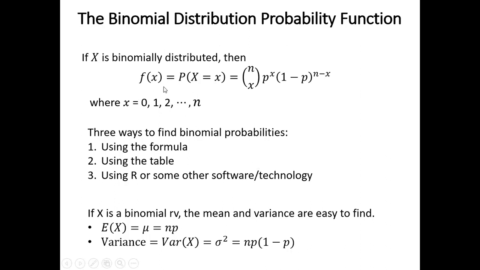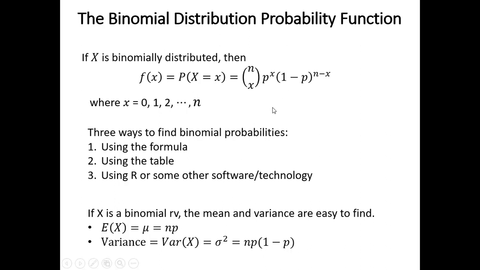If I wanted the probability that the random variable X is equal to x, we could use this formula: n choose x times p to the x, where p is the probability of a success on one trial, times 1 minus p to the power n minus x. So this would be the probability of failure.